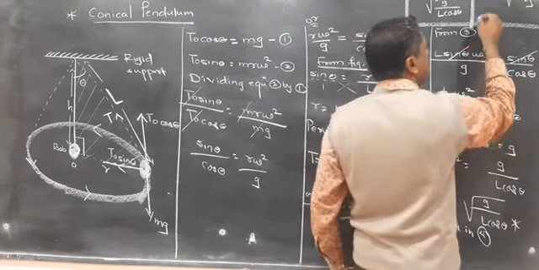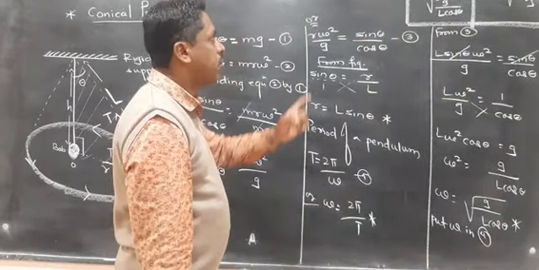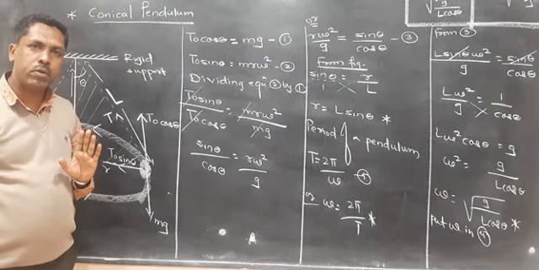So this is the general formula for the period of a conical pendulum.